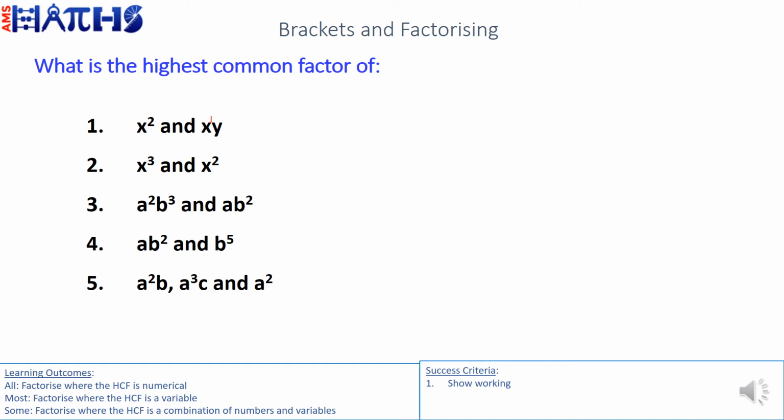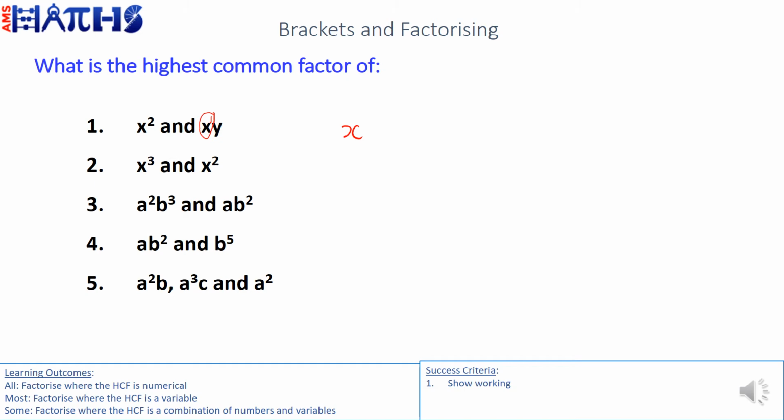Once you've done that, you're going to identify which power is the smallest for the common variable, and this one is smaller because x to the power of 1 would be smaller than x to the power of 2, so it therefore means that our highest common factor is x.